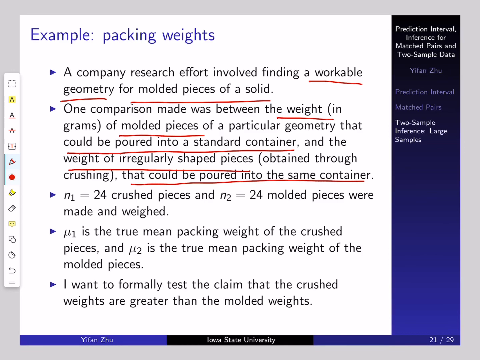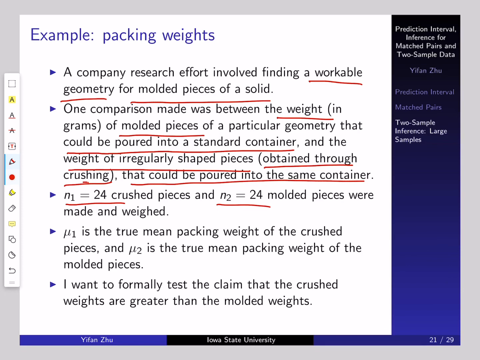The irregular shaped pieces are obtained by crushing. So for each kind of pieces, we have 24 observations. There are 24 weights measured for the crushed pieces and the molded pieces.